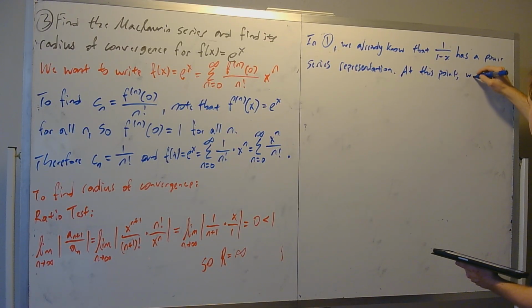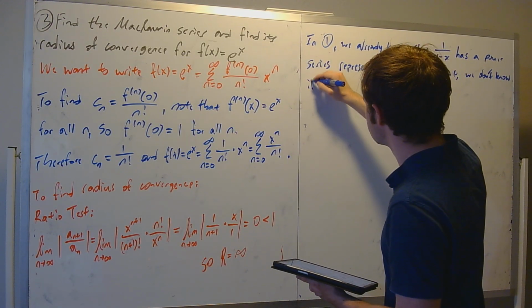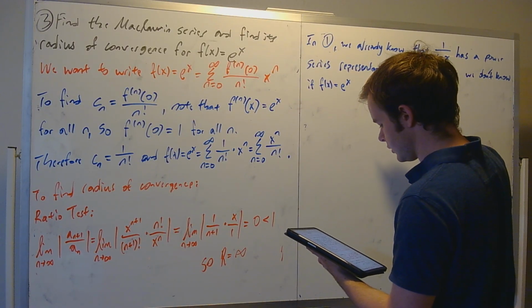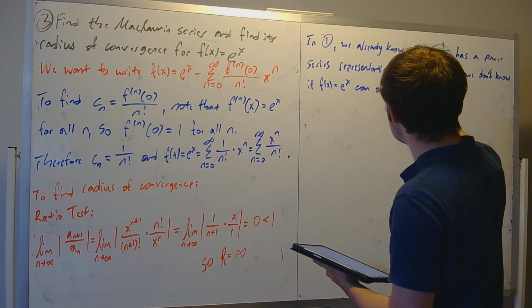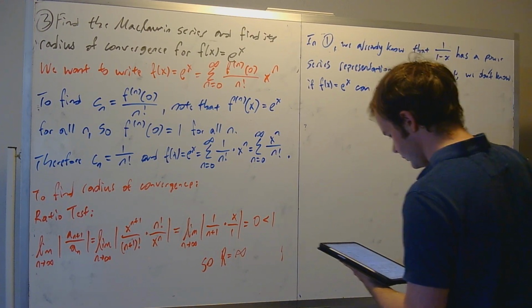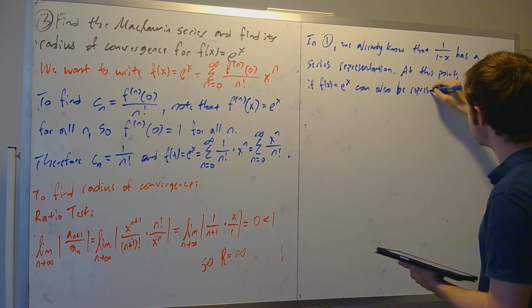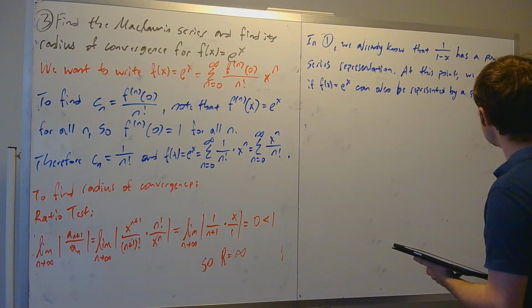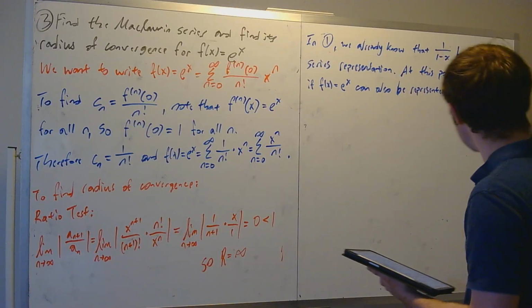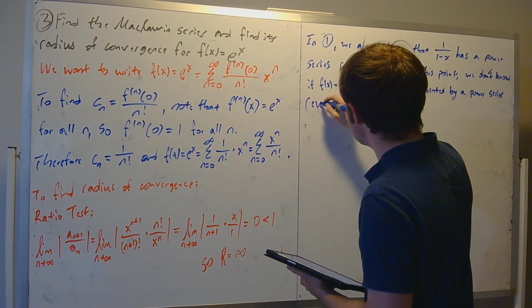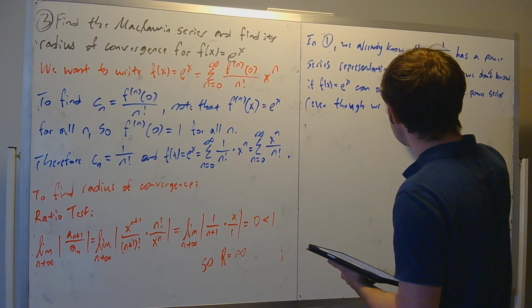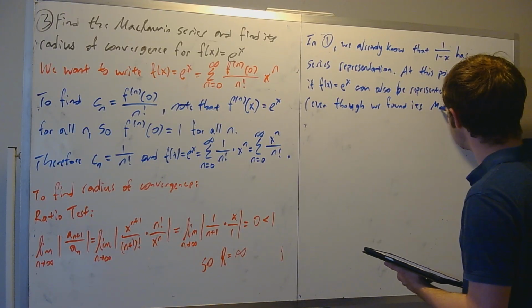We don't know if f of x equals e to the x can also be represented by a power series, even though we found its Maclaurin series.